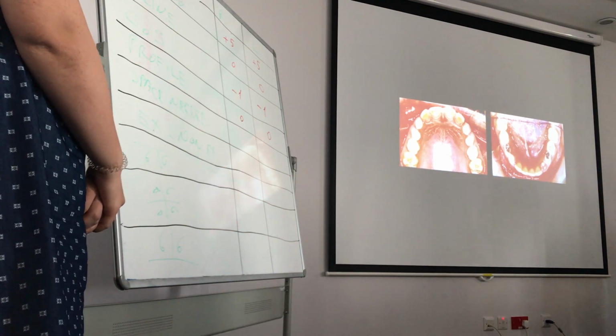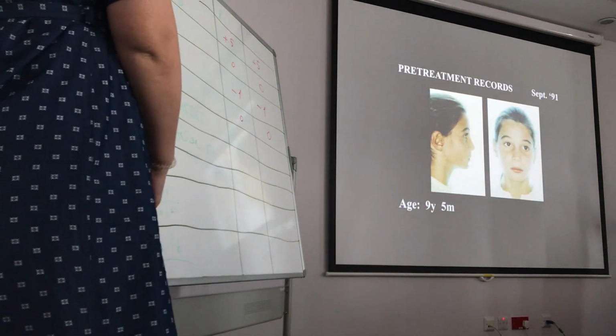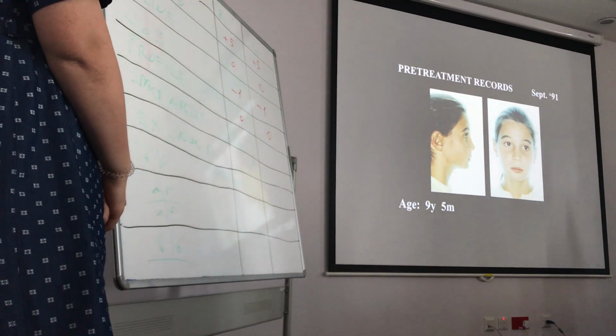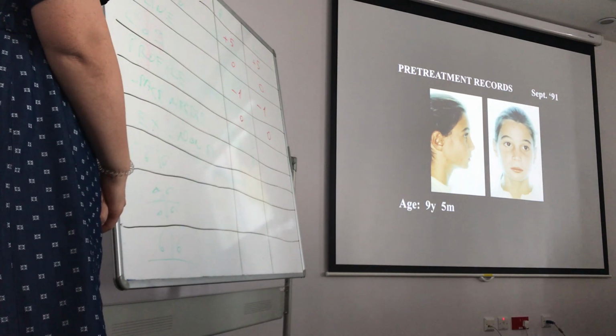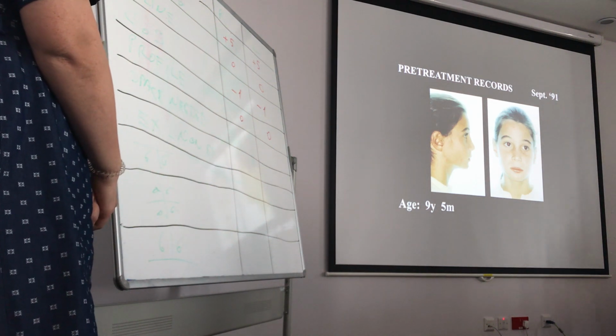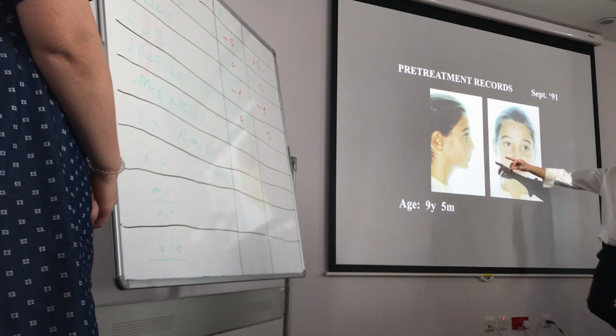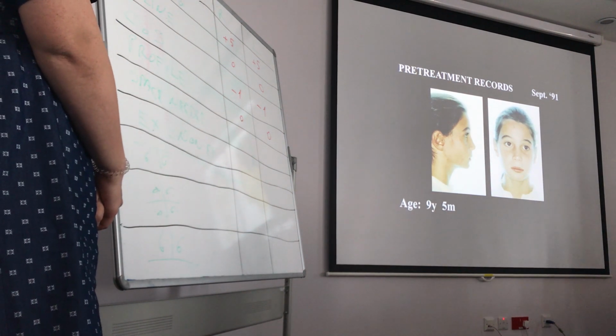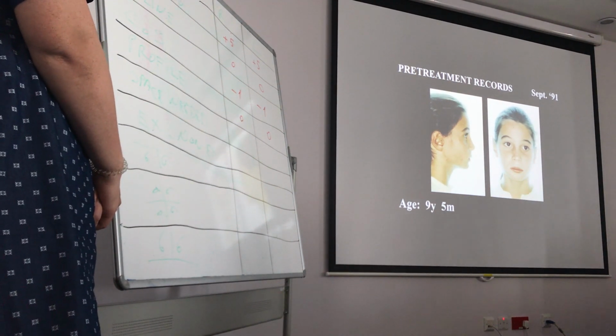The profile is this one. What we want is the nasolabial angle. You know that the nasolabial angle is dictated by where you put the lower incisor. Now, what is going to happen is that this nasolabial angle is pretty good, so we don't want to bring this back. But we know that the mandible is going to grow.